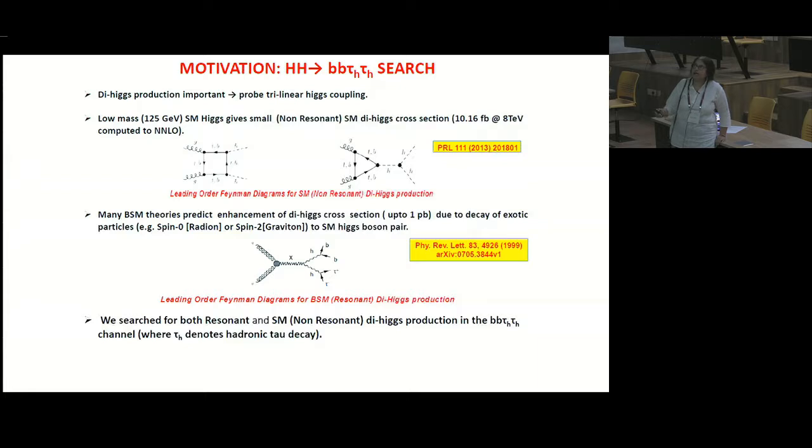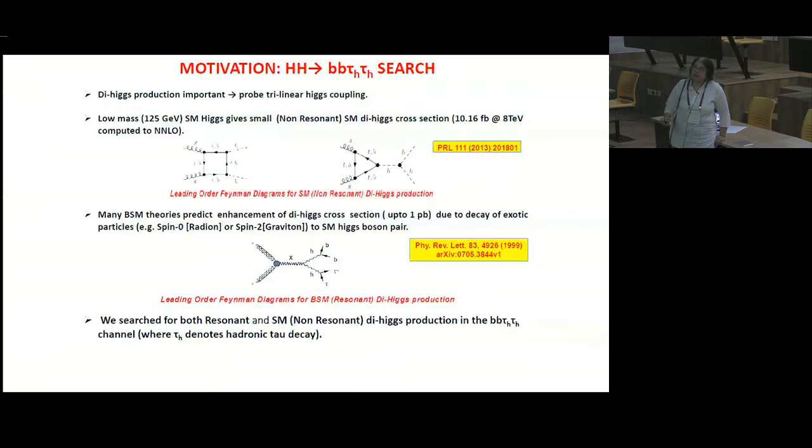It is about 10 femtobarn at 8 TeV. Because of that, we don't detect these modes just like that. Till now we have not detected them, but if we can go anywhere near the standard model cross section in my measurement, then I would be able to probe the trilinear Higgs coupling from this, as you can see from this Feynman diagram.